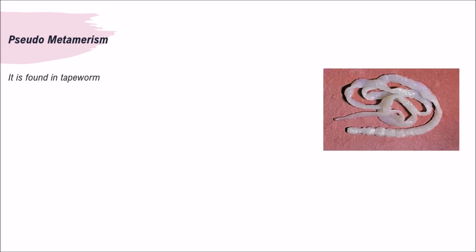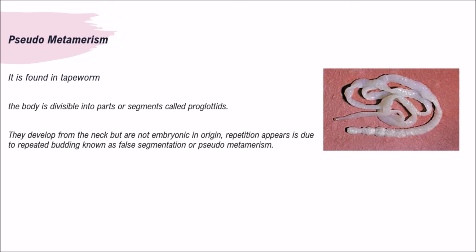Next we have pseudometamerism. What is pseudometamerism and where can we find it? Pseudometamerism is found in tapeworm. We can see the image of a tapeworm here, and the body is divisible into parts or segments called proglottides. They develop from the neck but are not embryonic in origin.